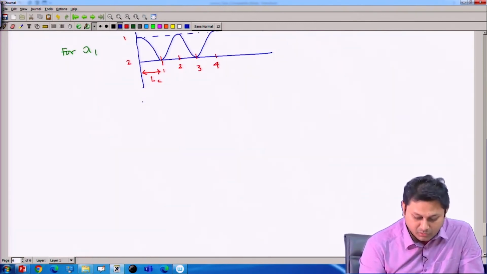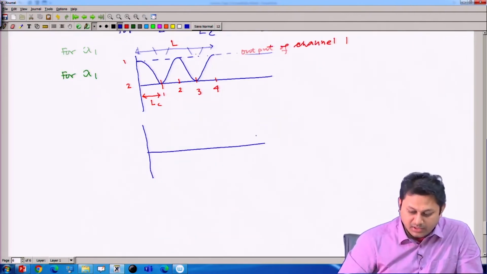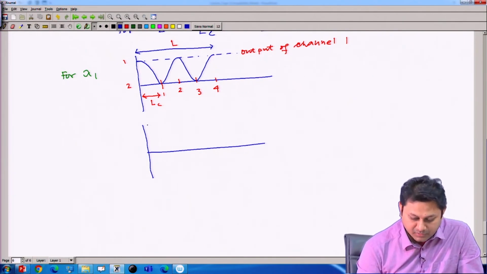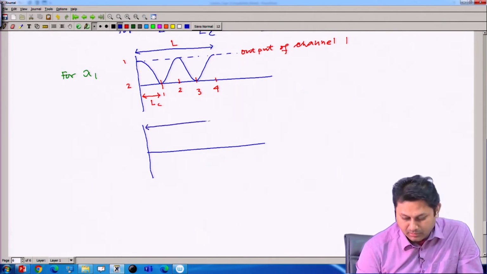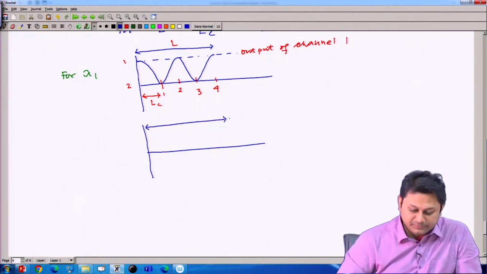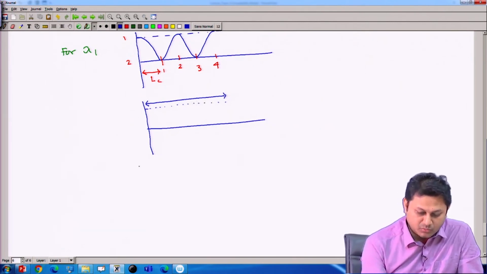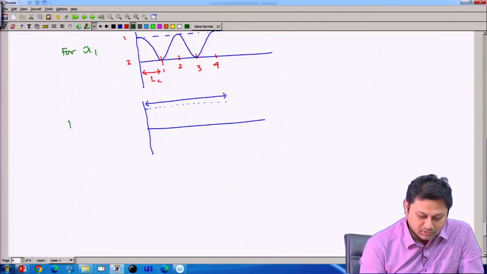The same thing, if I draw the same scale, and I do make it in same scale. So, my total length L is same. So, let us first draw my total length. So, this is the length of the coupler for which I am having this. Now if I draw for lambda 2, the ratio of total length L and LC, we already figured out for these two.